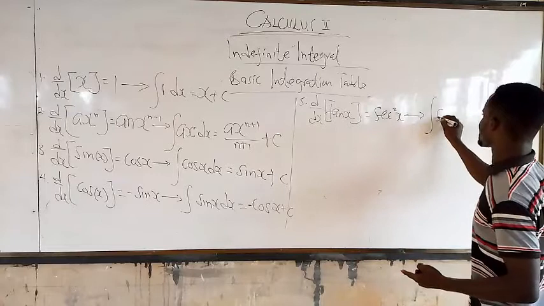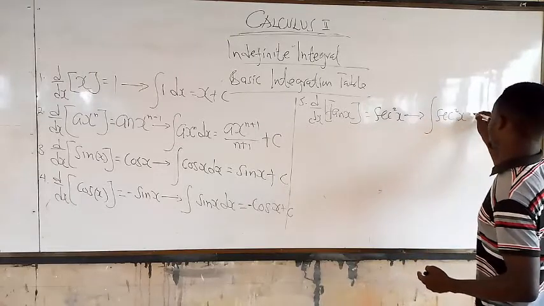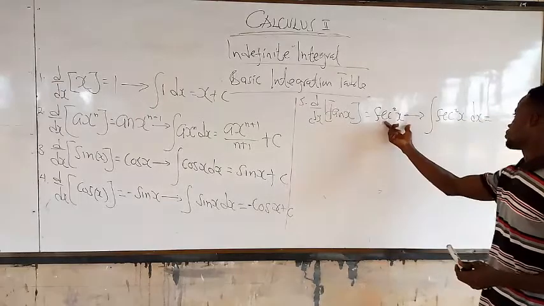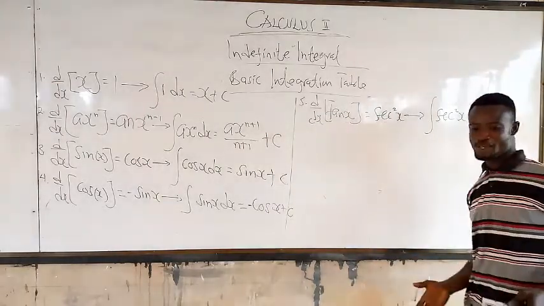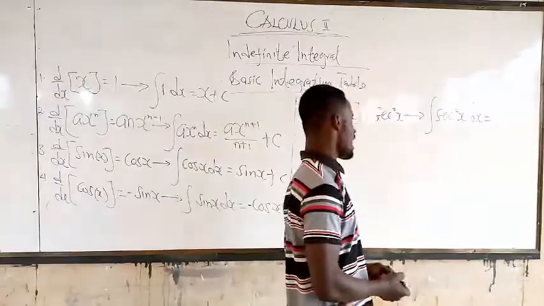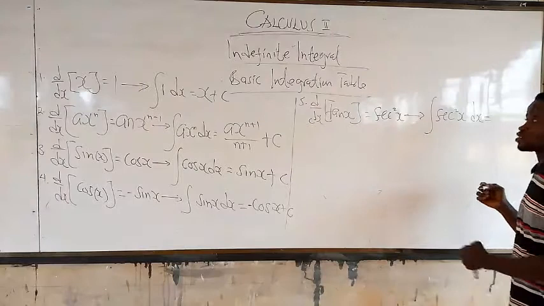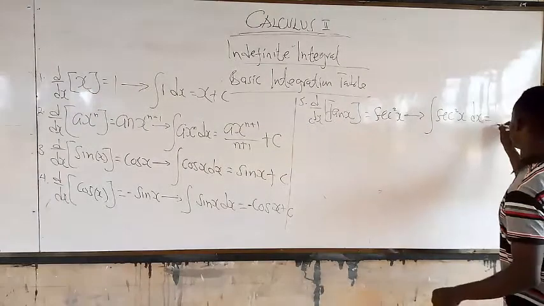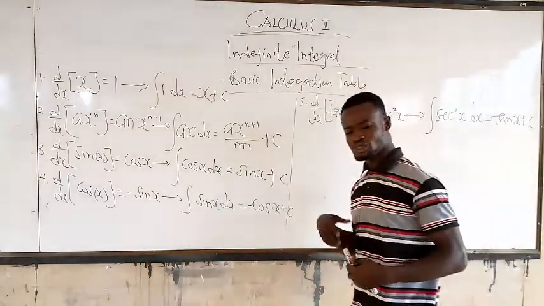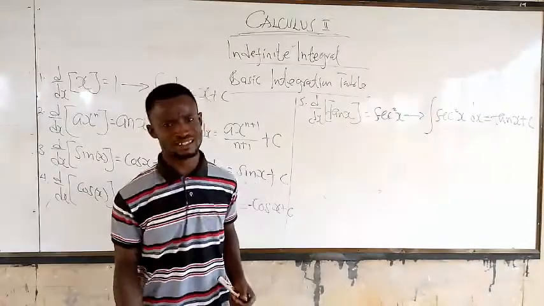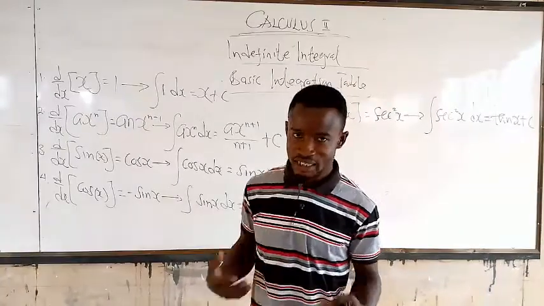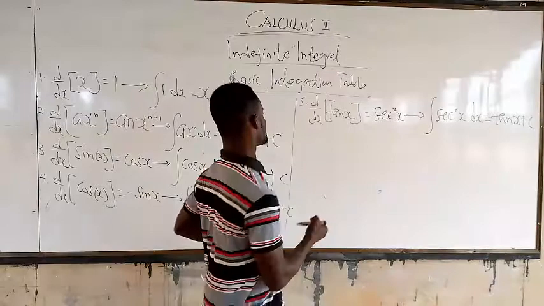When you integrate sec squared x with respect to x, you get the tan x function back. Beautiful. Then you add plus c to it. In fact, I'm helping you not to be chewing these things. If not, you'll be confusing yourself with the one in differentiation.